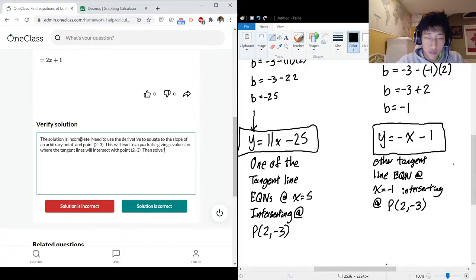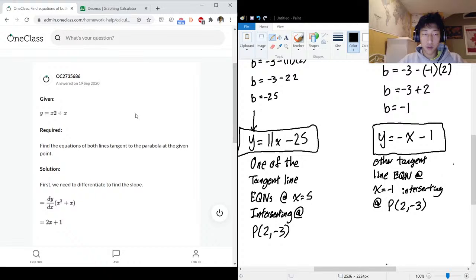Then solve for the equation of the tangent line at those x values solved for earlier. Looks good. And that would conclude this question.